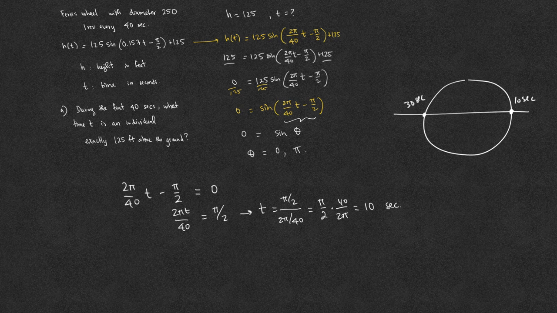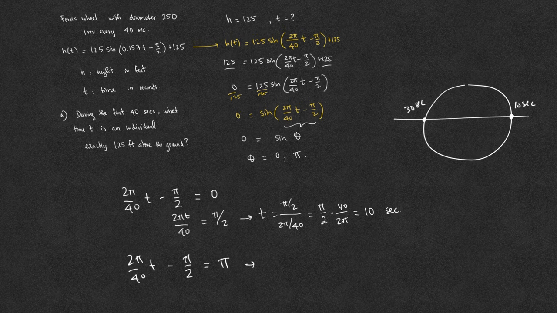But let's see. 2 pi over 40 t minus pi over 2 equals pi, which is another solution here. First, we isolate 2 pi over 40 t. 2 pi over 40 t is pi plus pi over 2. So this is 2 pi over 40 t equals 3 pi over 2. Pi plus pi over 2 is 3 pi over 2.